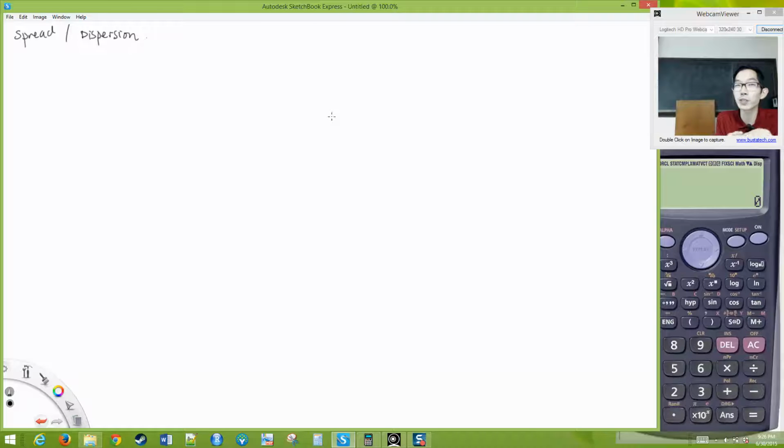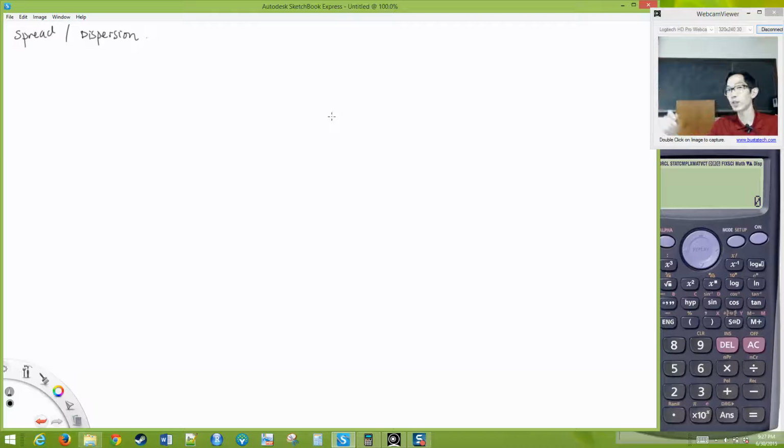But if I say 95% of people are between 100 and 300, then maybe you don't have to worry so much. So dispersion gives us an idea of whether most people are in a small range of values, or a big range of values.